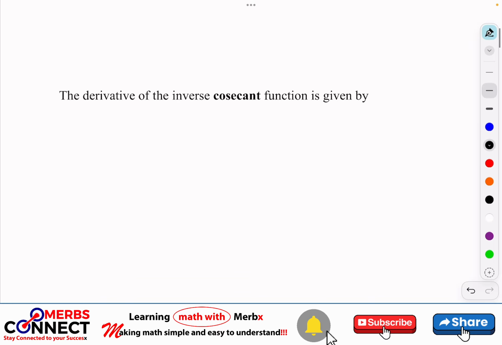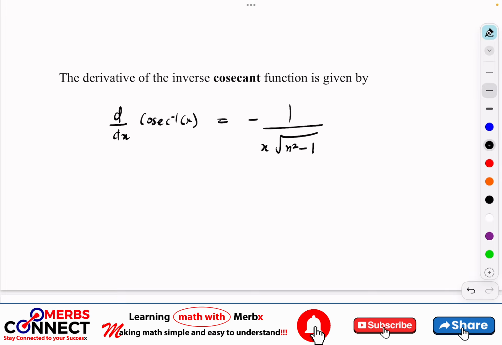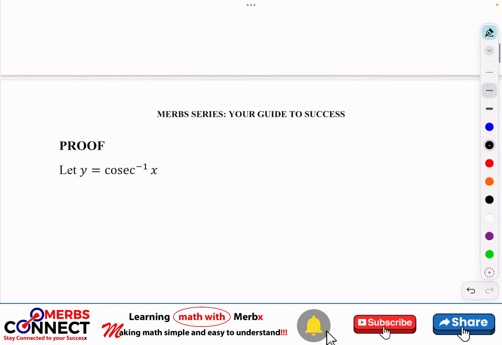Beautiful. So let's put our formula down here. d dx of cosecant inverse of x is minus 1 divided by x square root of x squared minus 1. This is what we are going to use to solve our examples.